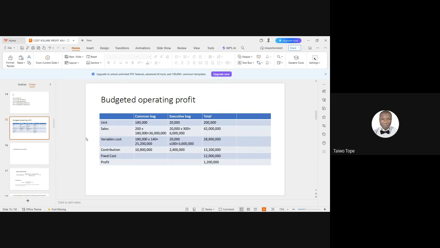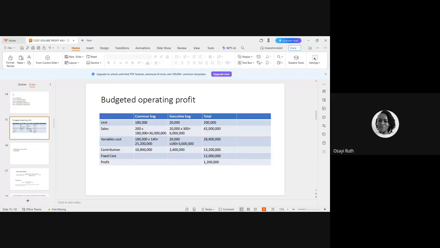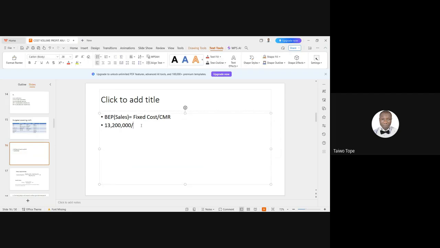Contribution is 13,200,000. Our sales is 42 million. So the ratio will now be 0.314.